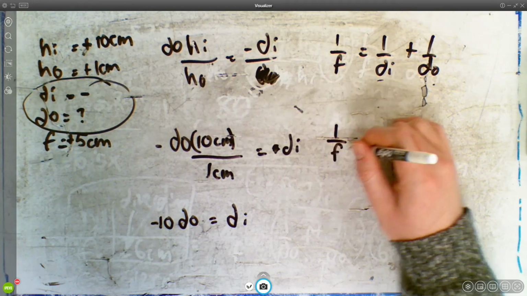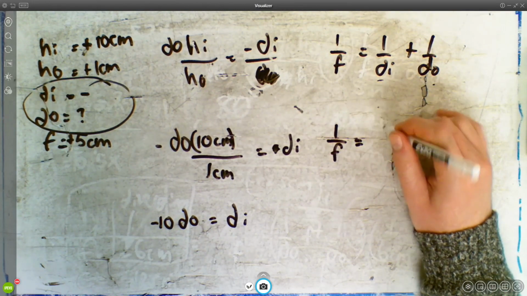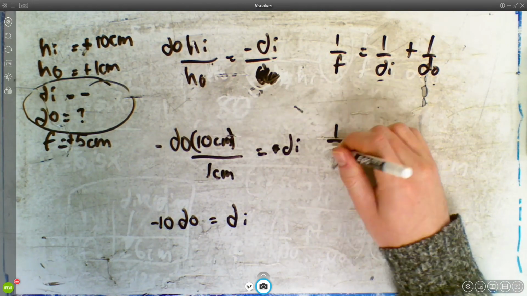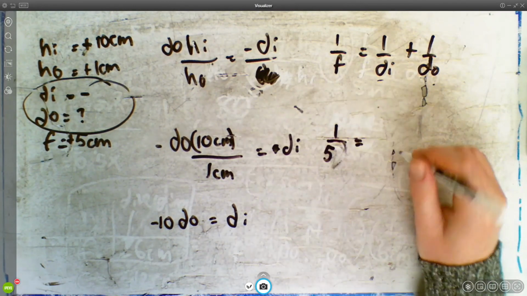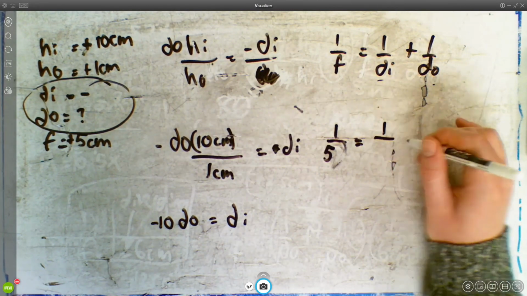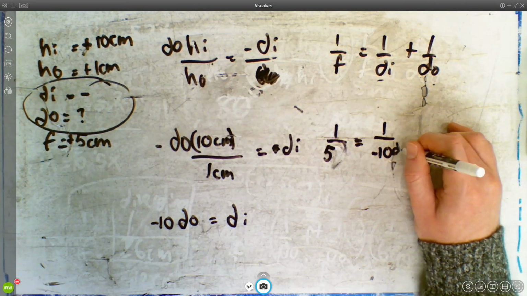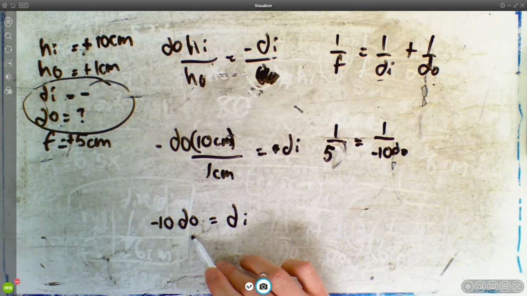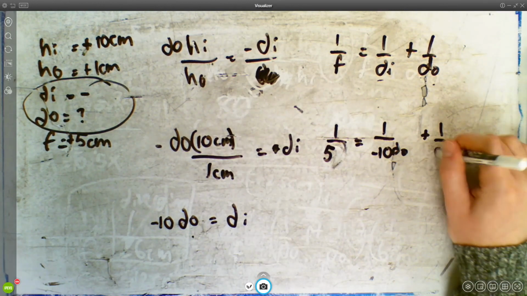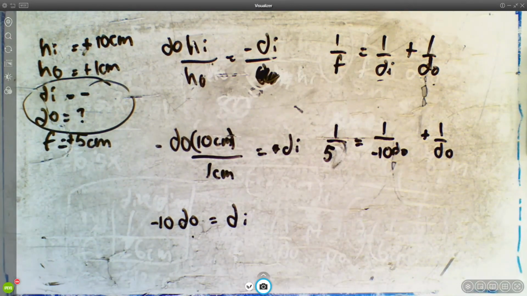So 1 over f is equal, oh, and we know what f is, right? So 1 over 5, I'm not going to put any units in, is equal to 1 over negative 10 dou, because die is equal to negative 10 dou, plus 1 over dou. And now we only have one thing that we're solving for.